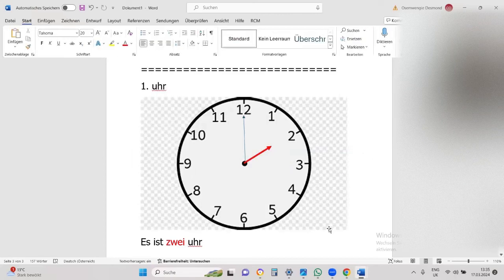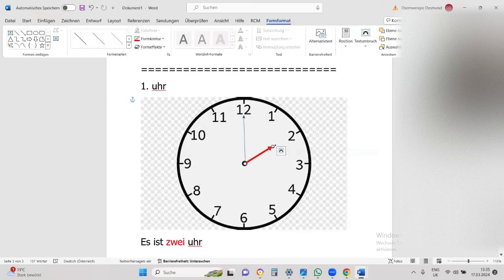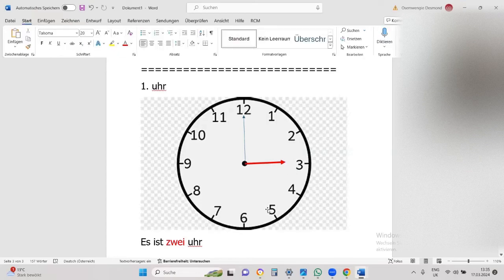So it is 2 Uhr. So es ist 2 Uhr, and if I take this and bring it to this number, es ist, what do you think? What will be the time now? Very well. Es ist 3 Uhr.